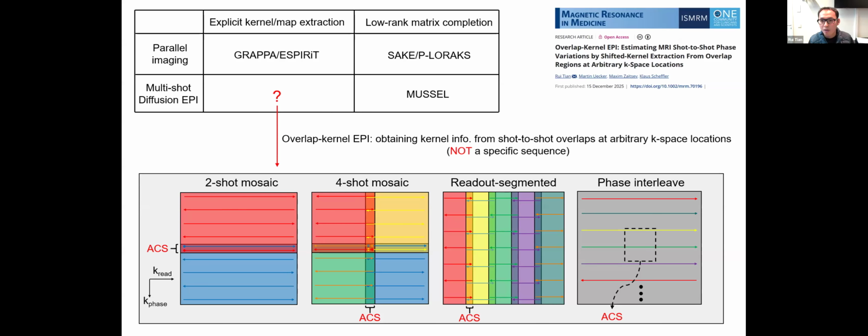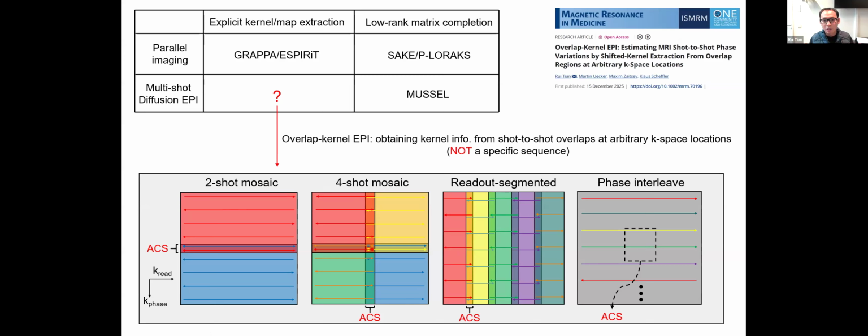Can you explain how this works in the phase interleave case where there is no overlap? Yes, exactly. So this is the phase interleave case. Usually, for example in MUSE, for each shot of the acquisition, like the red color here, people would apply an intermediate parallel imaging reconstruction so that you can get an image.